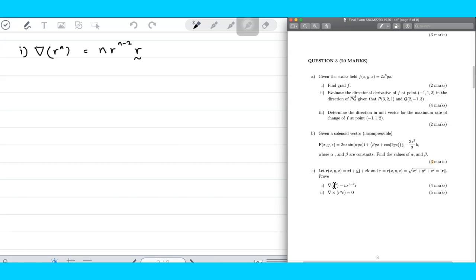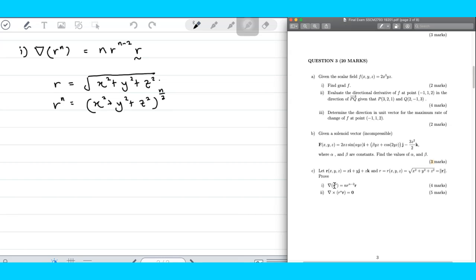The idea is you have to use the r formula. r is the square root of x squared plus y squared plus z squared. So r to the power of n is x squared plus y squared plus z squared, to the power of n over 2.